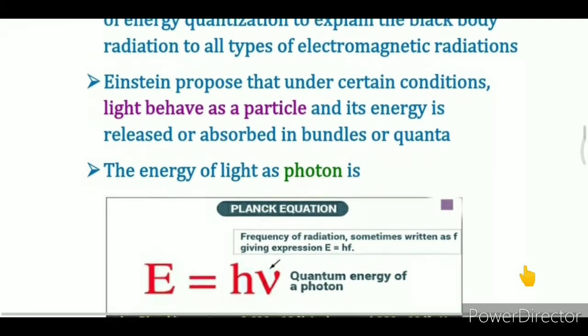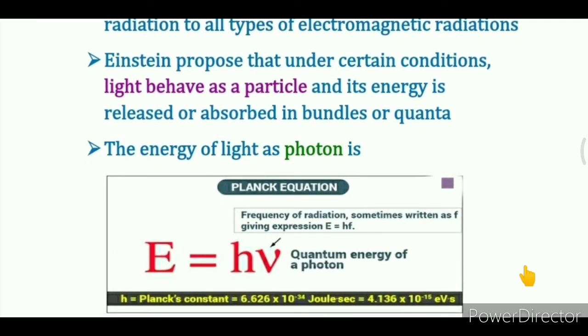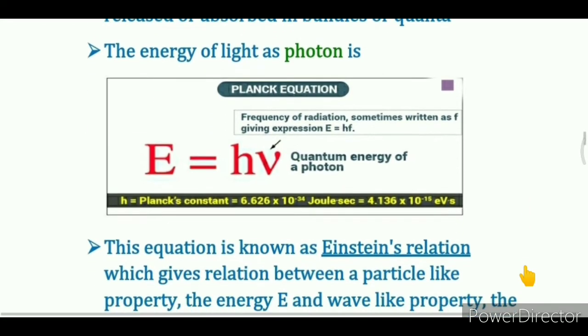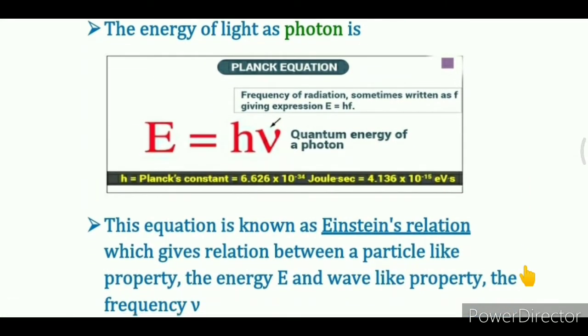The energy of the photon is given as E is equal to h nu, where E is the energy of the particle and nu is the frequency of incident radiation. h is Planck's constant, as Einstein had extended Planck's hypothesis to give this relation, known as Einstein's relation.